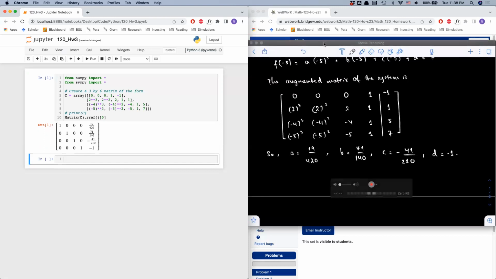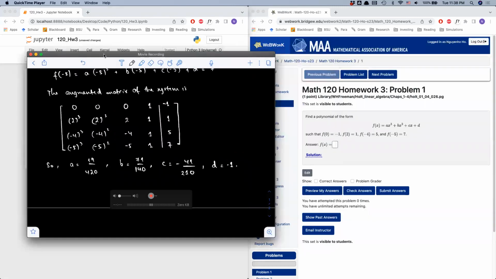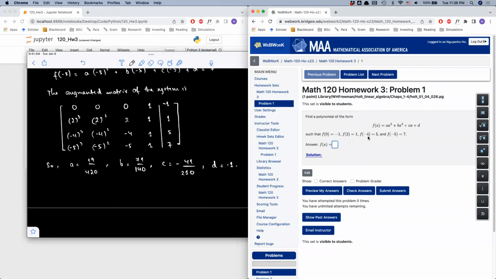And then for my answer, I'm going to input the function of this form. Now the form has A to be 19 over 420, B equal to 71 over 140, and so forth. All right, so let me do that.